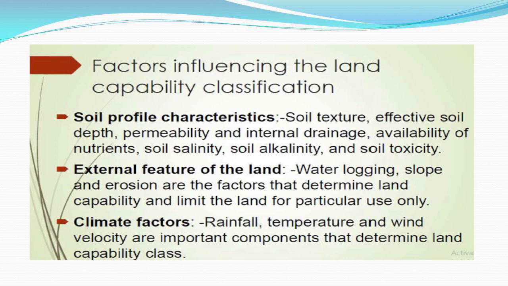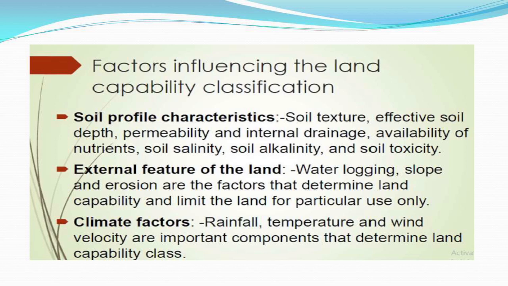Next, the factors influencing the land capability classification. First one is soil profile characteristics, that is the soil texture, effective soil depth, permeability and internal drainage, availability of nutrients, soil salinity, soil alkalinity and soil toxicity.